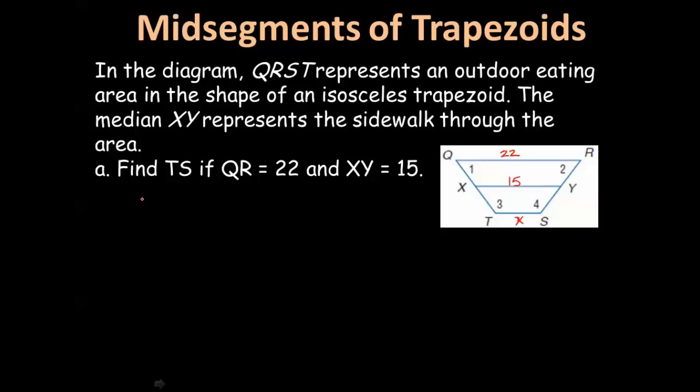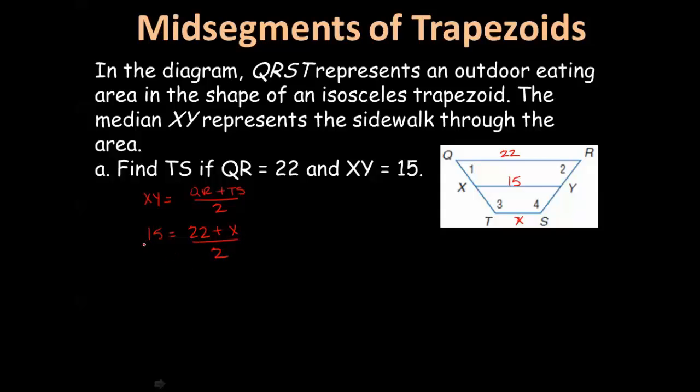So remember, my mid-segment is XY, and it's going to equal QR plus TS divided by 2. So I'm going to have XY, 15, equals QR, and I'm going to call TS X, divided by 2.